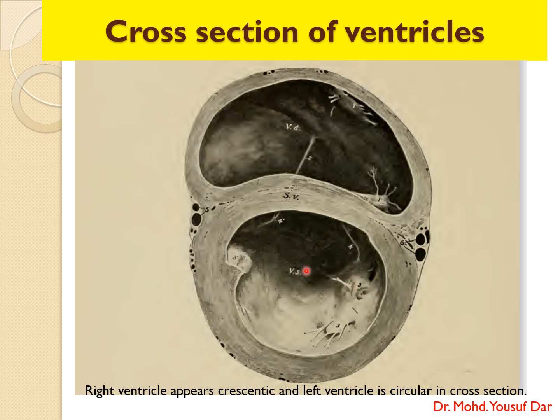The cross section reveals that the left ventricle is circular, while the right ventricle is crescentic in outline. This is because the interventricular septum is placed obliquely and bulges into the right ventricle, so that the convex face is towards the right ventricle and the concave surface faces towards the left ventricle.